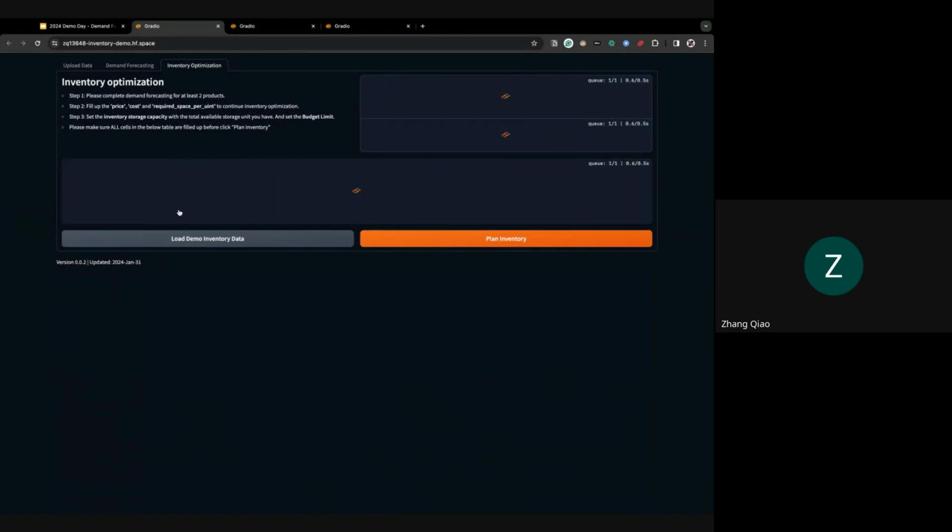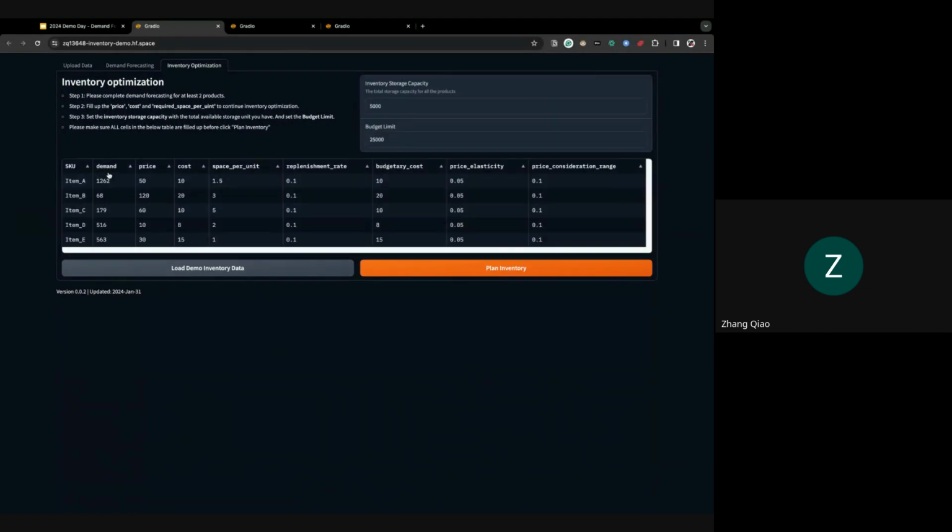We will use the previously forecasted demand for these 5 items, together with some constraints, because you have a limited warehouse storage capacity. You will also have a limited budget when you purchase the raw material or when you make the bulk orders. You will have the budget limit.